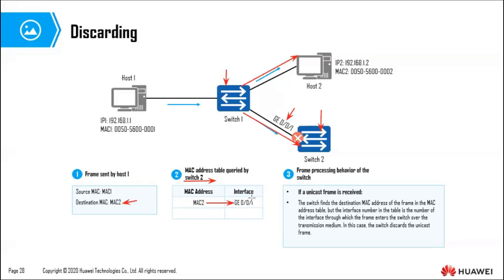But G001 is the same interface that received this frame. Are we together? Meaning this frame has already reached its destination. So we cannot send it out through the same interface. So we simply do what? Discard it. So is that clear? Yeah. Okay. We discard it.